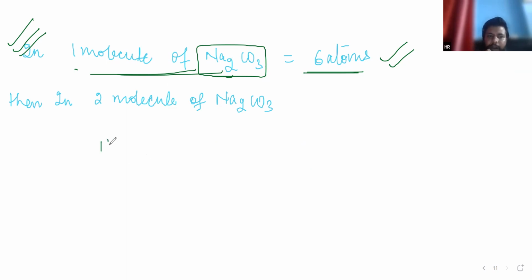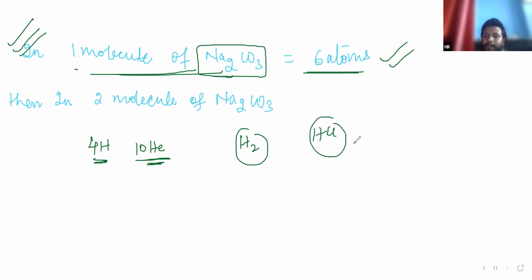Atoms are like hydrogen, helium; there is only one hydrogen and only one helium. If there is more hydrogen or oxygen, it is represented like this. And what is a molecule? If the same atoms combine, it is a molecule. If different atoms combine, it is a compound, and we also call it a molecule, like HCl or NaCl or Na2CO3.